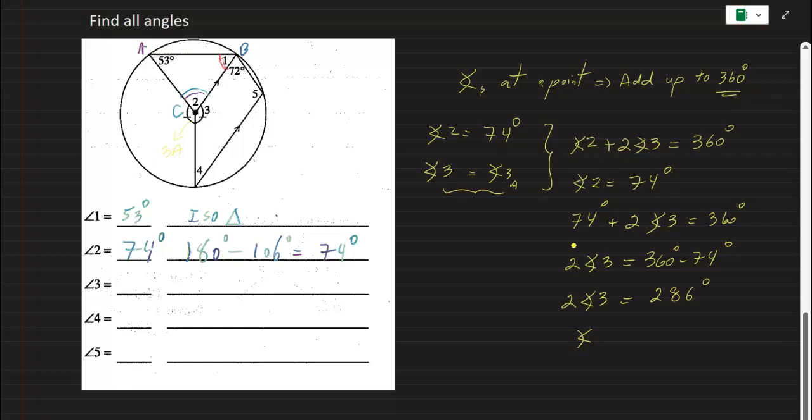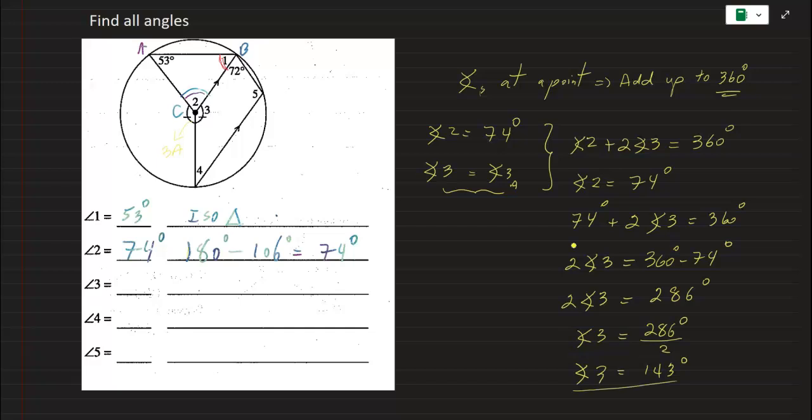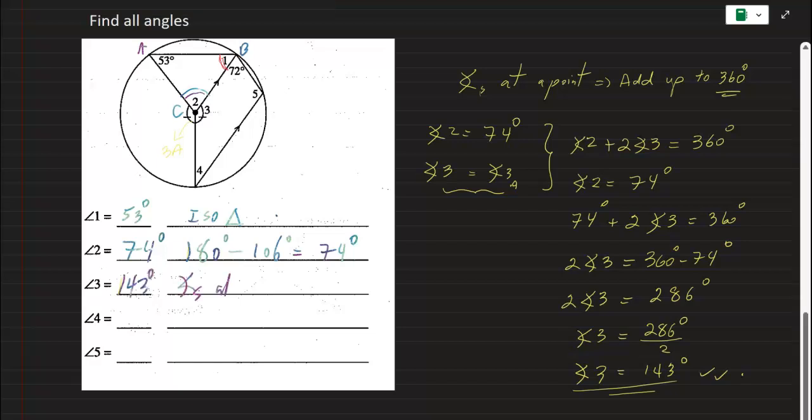So you have to divide 286 degrees by 2, and that would be 143 degrees, and that's the measure of angle 3. Great, so we did a little bit of algebra there. So here we go, angle 3 is 143 degrees. Angles at a point equal 360 degrees. That's the reasoning behind it.